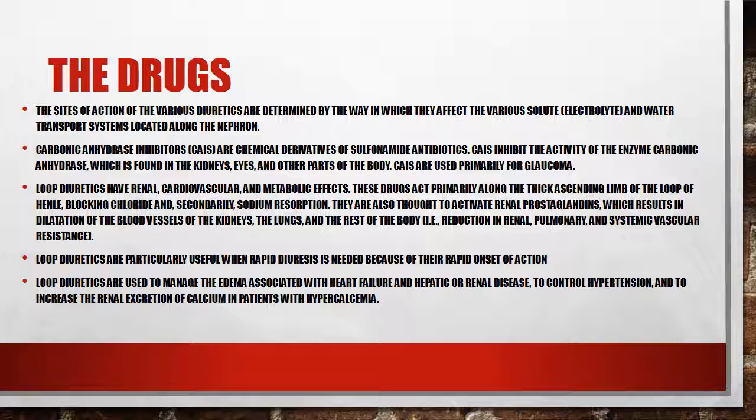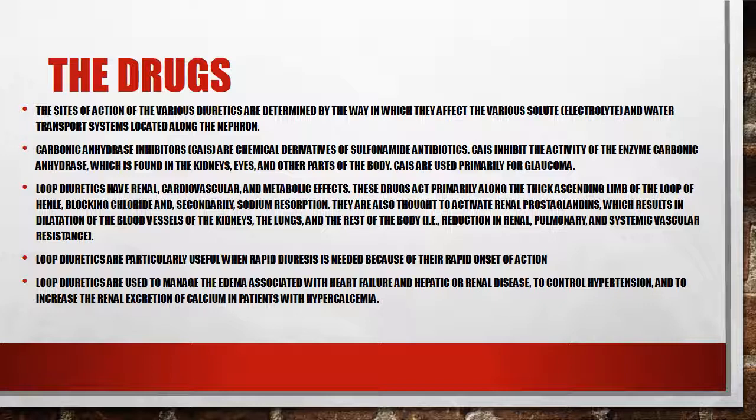These drugs work primarily along the thick ascending limb of the loop of Henle. They block chloride, and secondarily, they work on sodium reabsorption. They are thought to activate renal prostaglandins and result in dilation of blood vessels of the kidneys, the lungs, and the rest of the body.